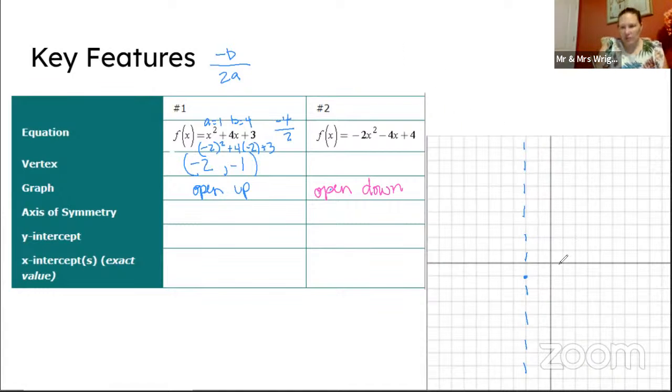We had a standard parabola that looked something like that. That was y equals x squared in orange, okay?